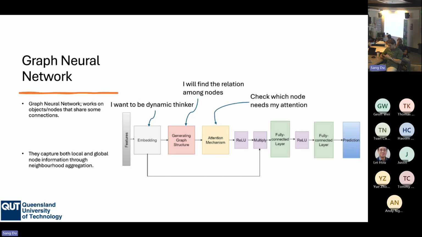And the third is the attention mechanism, which is a very powerful thing for GNN, because not all nodes' information is vital for us. Most of the sensors' information is redundant and some information is vital. For example, those nodes which are very close to the damage, their information is very important for us. So this layer determines which node needs attention.